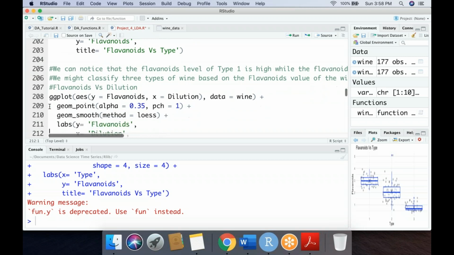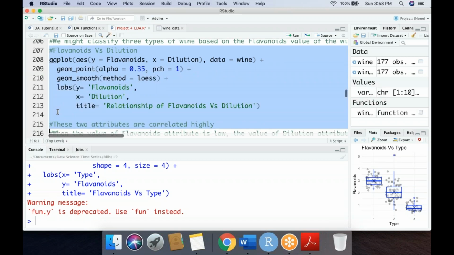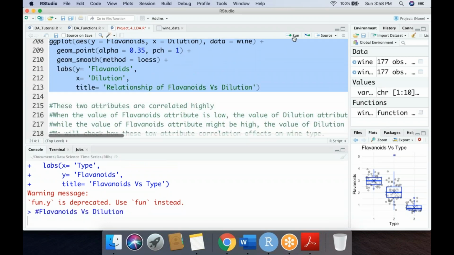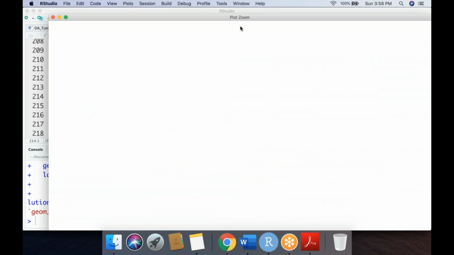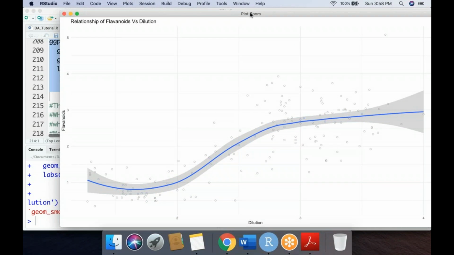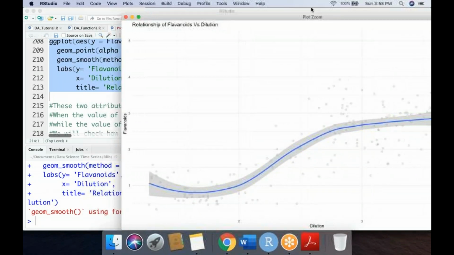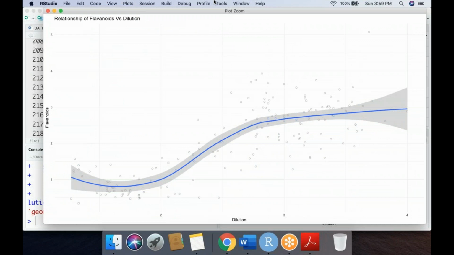Now let us try to find the correlation between 2 parameters, flavonoid versus dilution. What we are seeing here is that there is definitely a correlation, and a potential multicollinearity existing over here, because we can see the aggregation of the values.